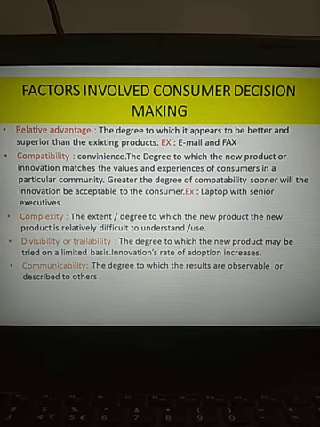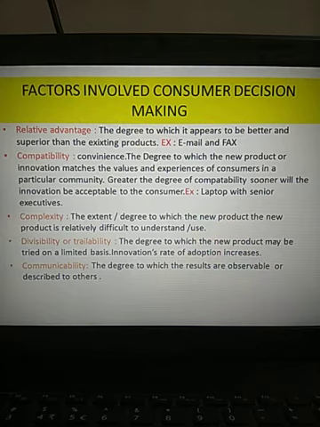Divisibility or trialability, the fourth one. The degree to which the new product may be tried on a limited basis increases the innovation's rate of adoption. You will observe, especially in automobiles, that a few dealers give customers the opportunity for a test drive, whether a two-wheeler or four-wheeler.